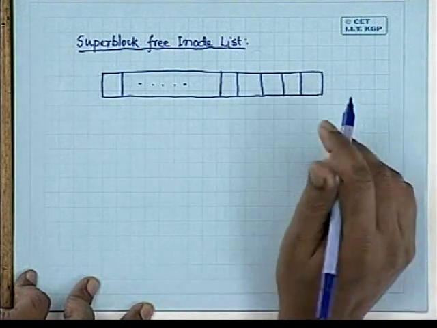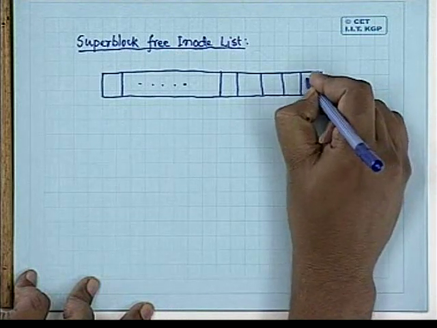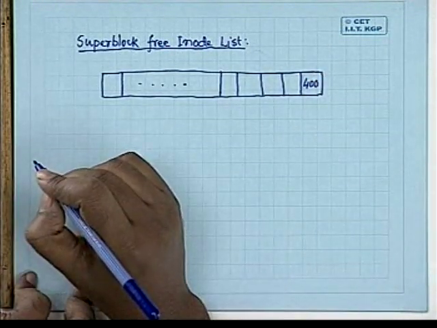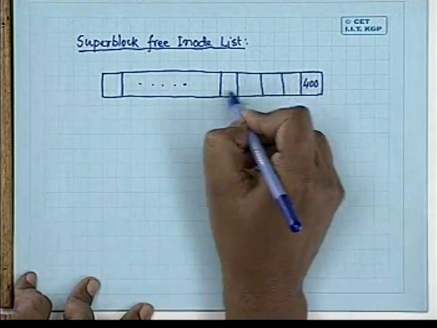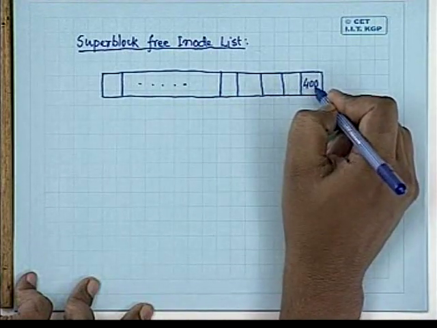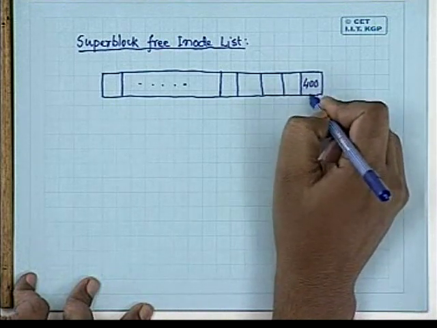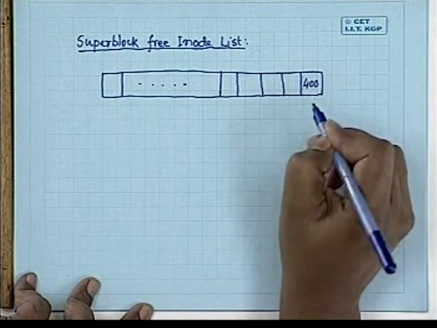So initially, suppose I have a number of inodes free, and the inodes numbering from inode number 400 are free. So the superblock free inode list will contain a list of such numbers in such a way that the first inode number which is to be allocated, the head of the list, will usually contain the minimum numbered inode.